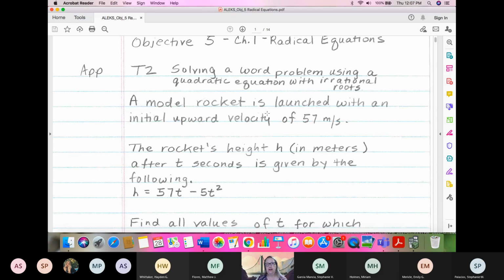So a model rocket is launched with an initial upward velocity. You can think speed, but when we talk about going vertical, we call it velocity. An initial upward velocity of 57 meters per second.